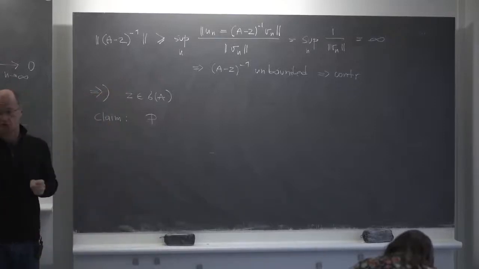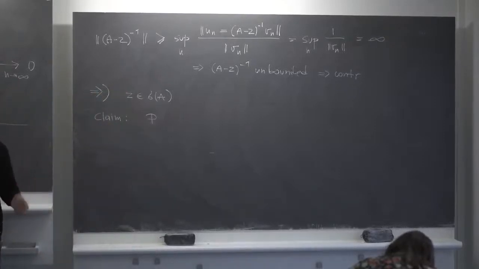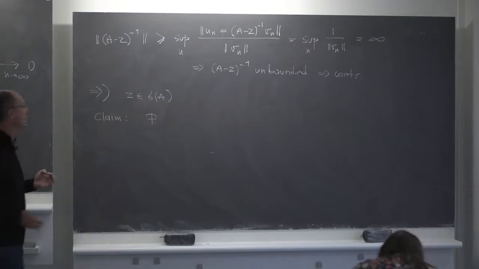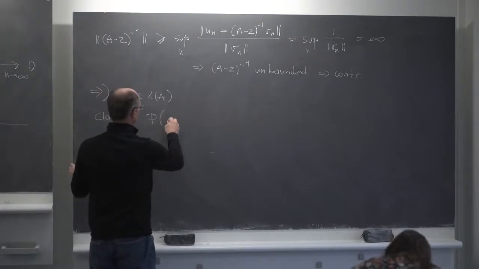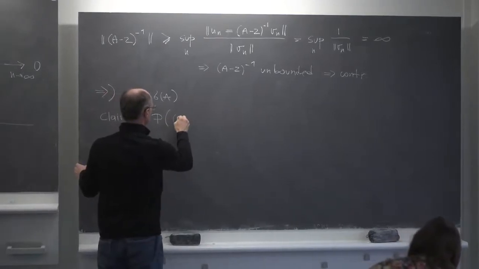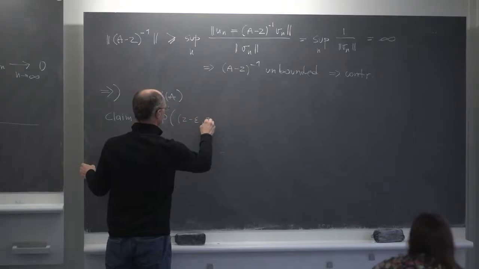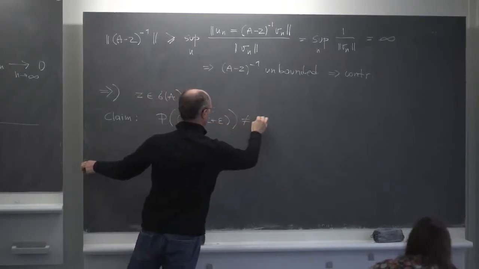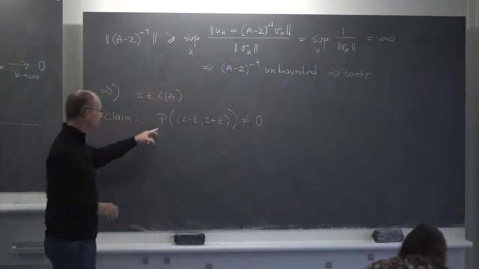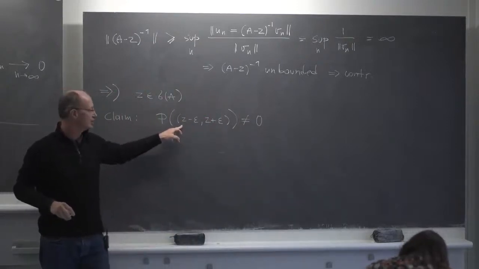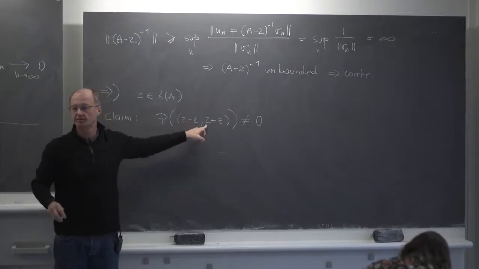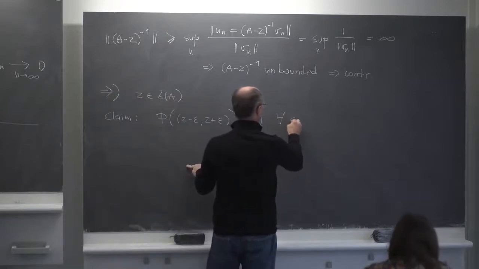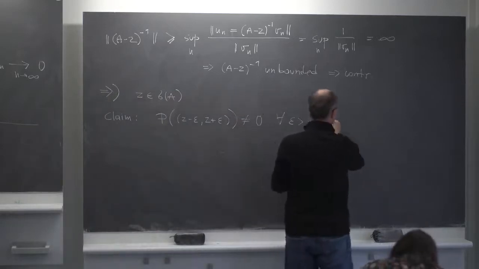A is self-adjoint, so it has this family of spectral projections, right? This projection-valued measure. So in particular, I want to claim that all projections which correspond to the small intervals around z are non-zero for any positive epsilon.